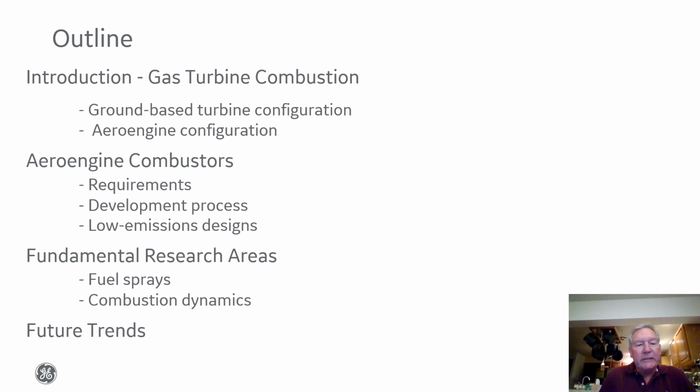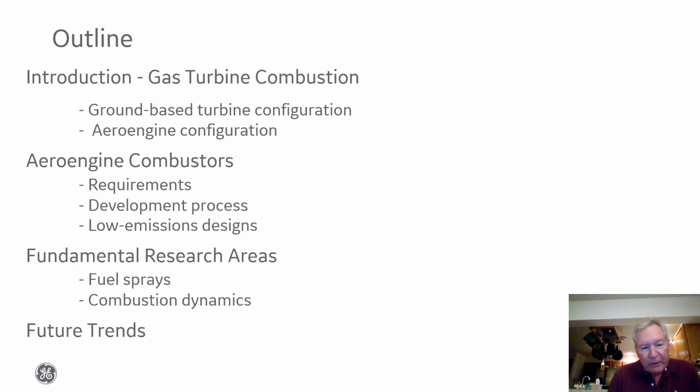Start out quite simple. I'll give an introduction to gas turbine combustion, showing examples of both ground-based configurations as well as aero engine configurations. The second section will go into more detail about aero engine combustors and combustor design.